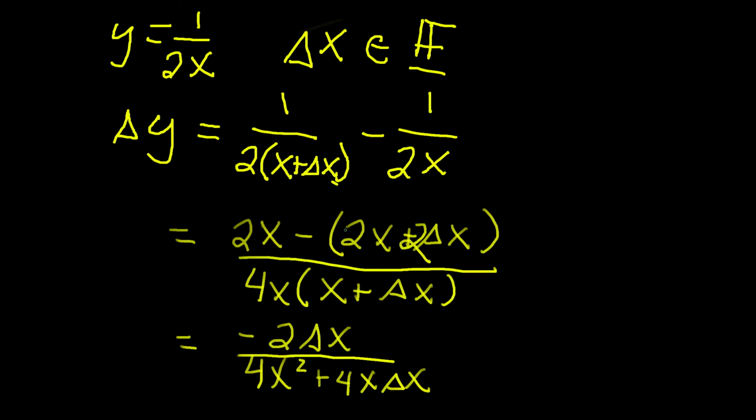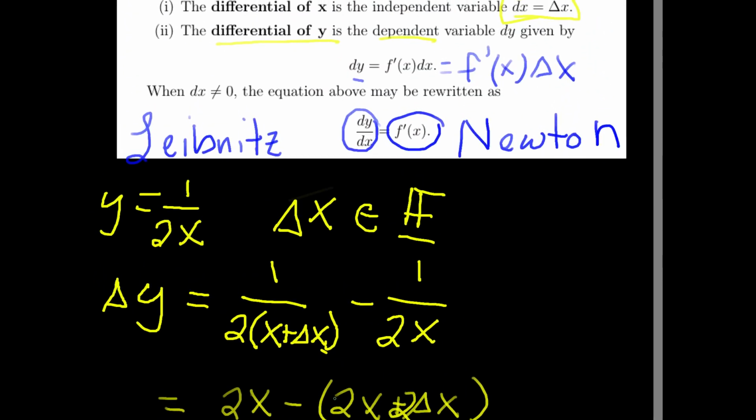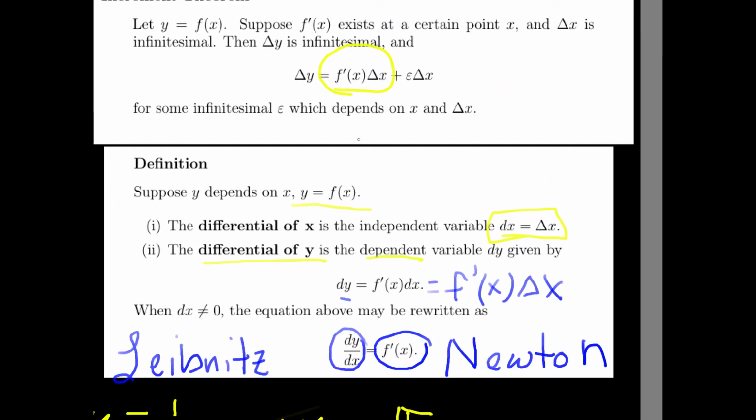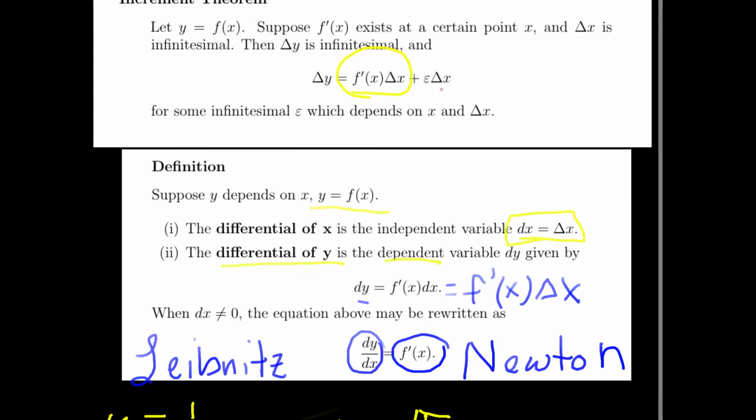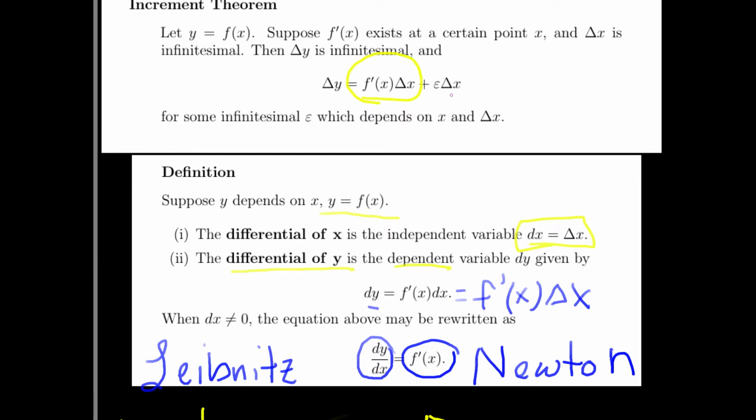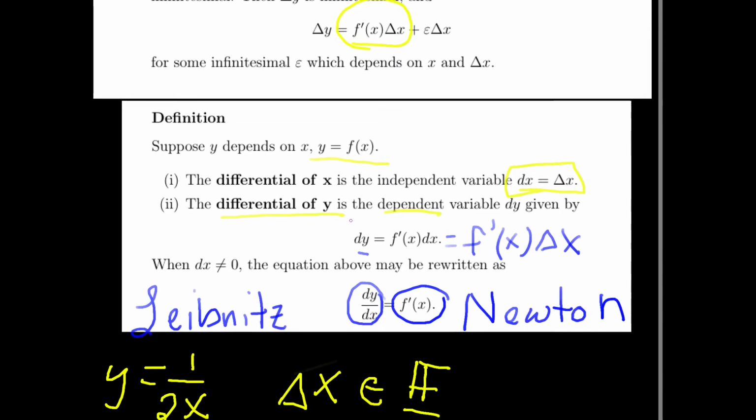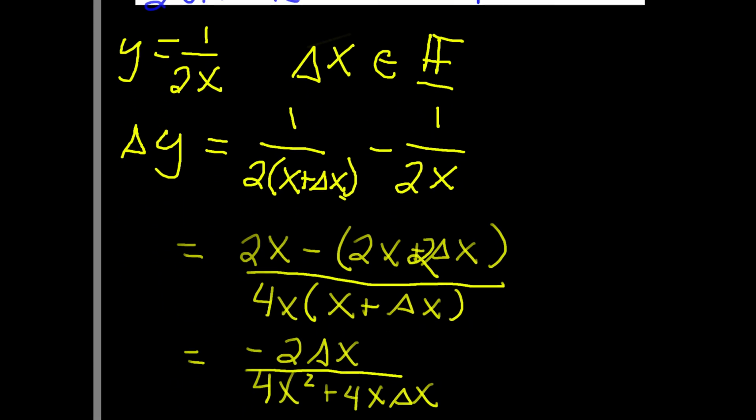Now, by the increment theorem, this delta y should be equal to f prime of x delta x plus some epsilon delta x. So let's go through and we'll compute what f prime of x is. From that, we'll be able to compute what the differential of y is.